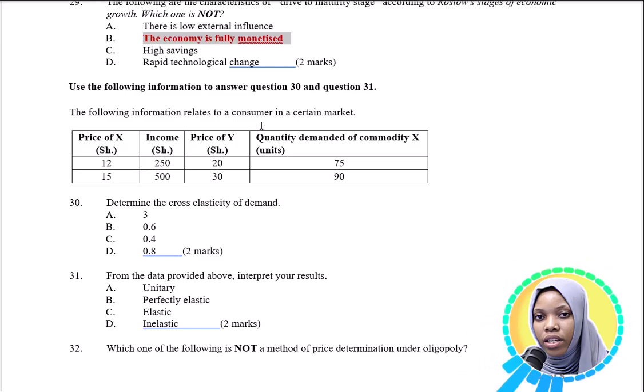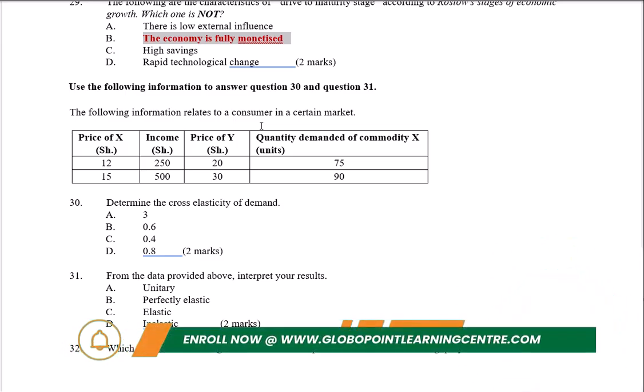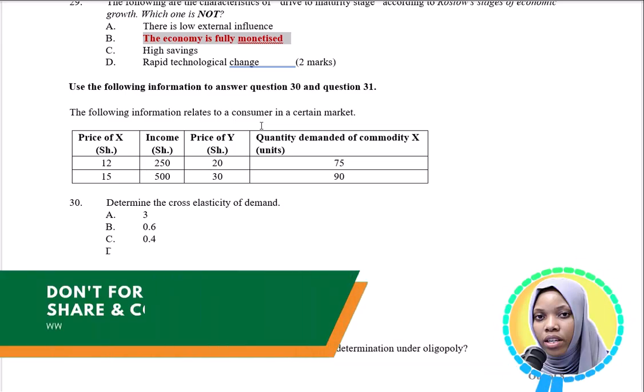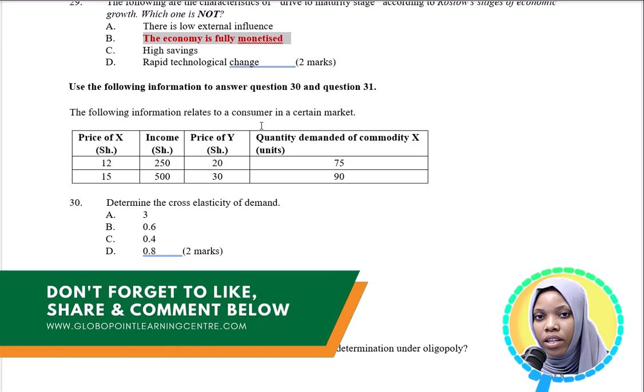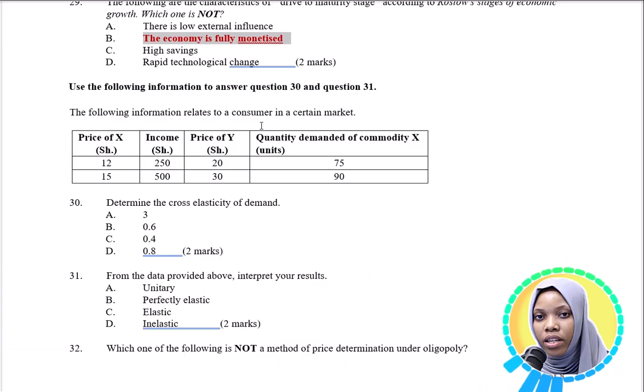We have been provided with the price of commodity X, income, price of commodity Y, and the quantity demanded of commodity X. Question 30 requires us to determine the cross elasticity of demand, and question 31 states, from the data provided above, interpret your results.